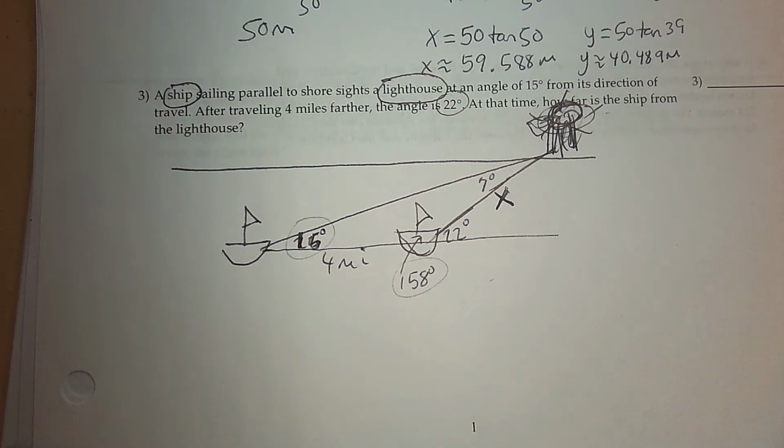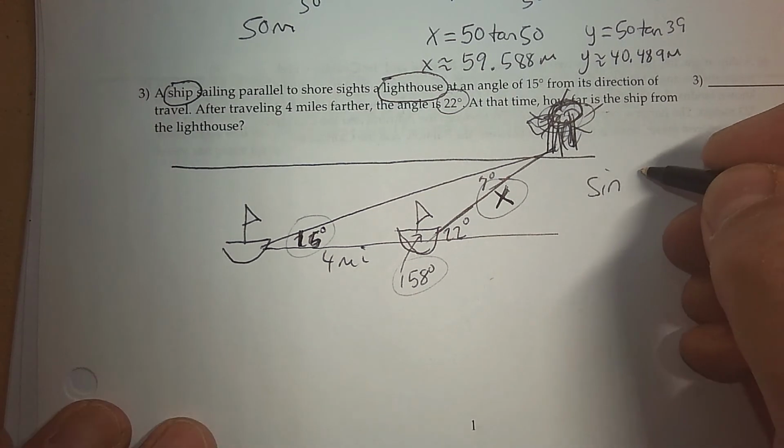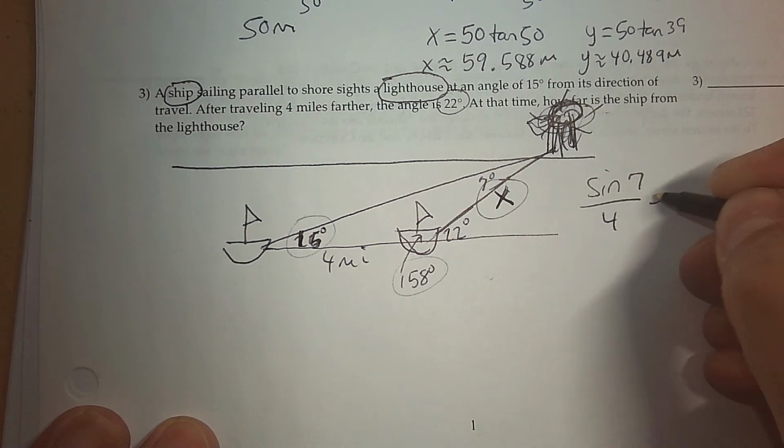Use the law of sines. I need you to solve for this side using the law of sines. Go. All right, so sine 7 over 4.